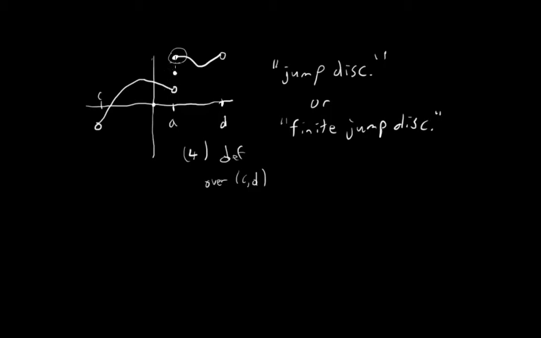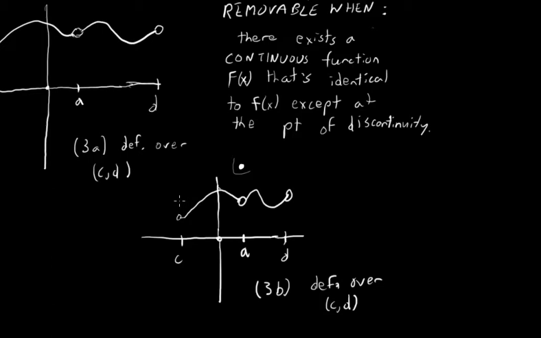No such function exists. Now let's contrast this with example 3b. In contrast to example 4, in 3b you can redefine this function by, instead of having the value of the function at x equals A here, having it where the hole is, and now you can draw the function. So instead of this here, you have this.